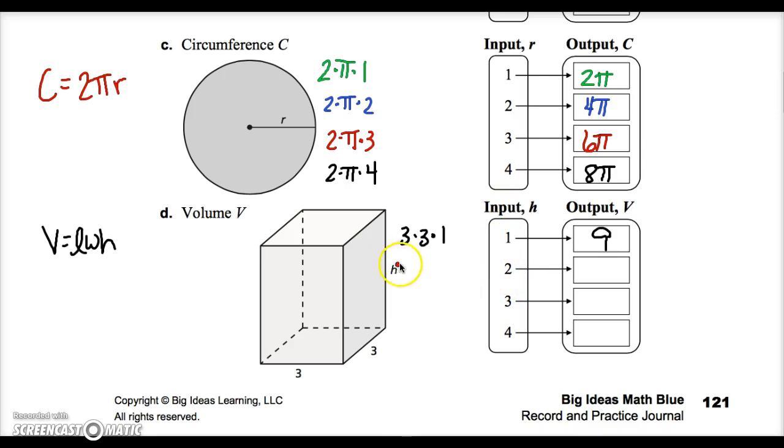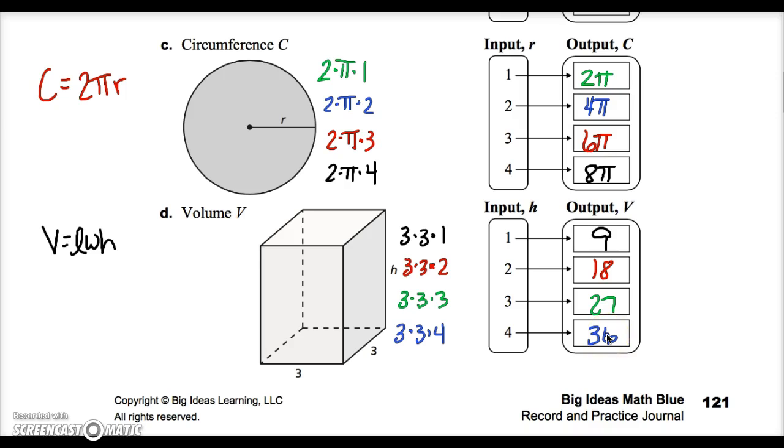If I put in 2 for the height, we have 3 times 3 times 2. Well, that's 9 times 2 is 18. If I have 3 for the height, that would be 3 times 3 times 3, which is 27. And then finally, if you have 4 as the height, 3 times 3 times 4 would give you 36.